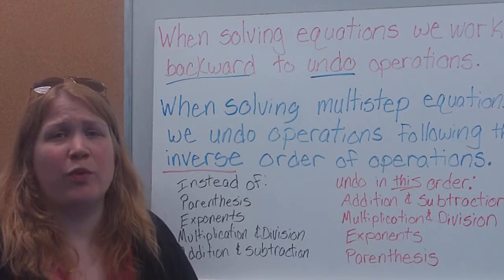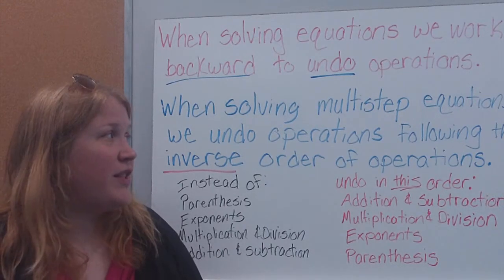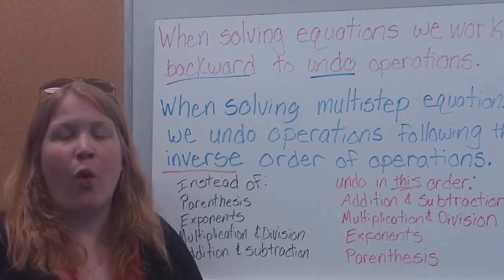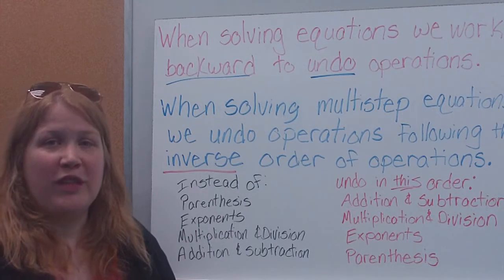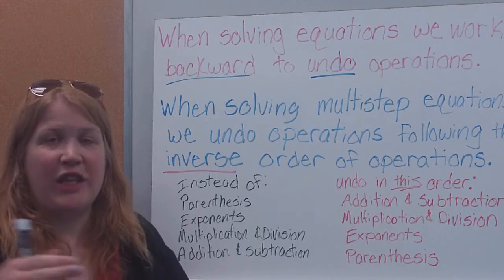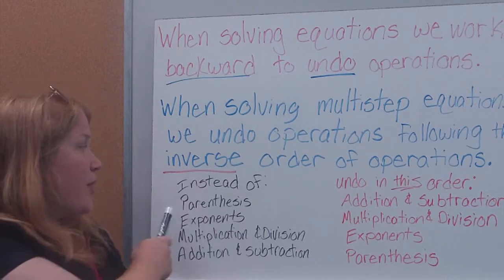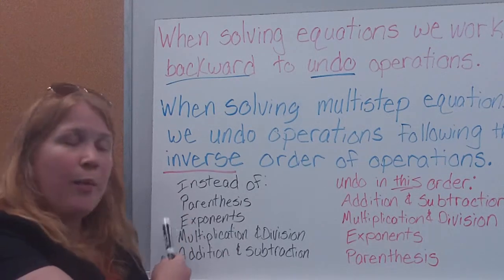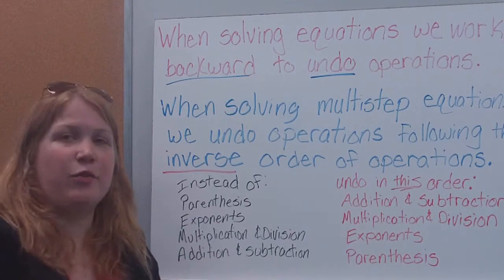What we need to remember when we're solving multi-step equations is that we need to undo them in a certain order. If you'll recall, we did order of operations in another lesson. When we're calculating things, because we know all the numbers, we start with the parentheses, then the exponents, multiplication and division, addition and subtraction.